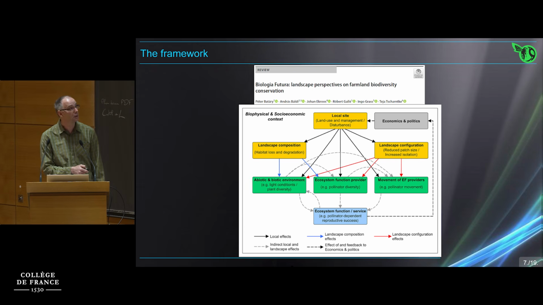How do they move? And ultimately, this has an effect on the ecosystem function, the pollination of wild plants, or the pollination of produced plants, for example strawberry, as an ecosystem service. And this can give us feedback to the economics and politics. We can create new incentives, agri-environmental schemes, and so on.